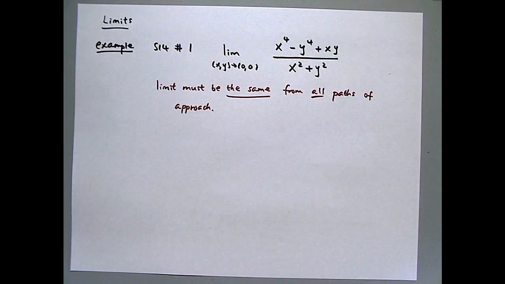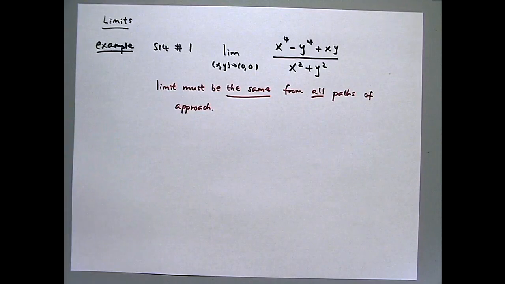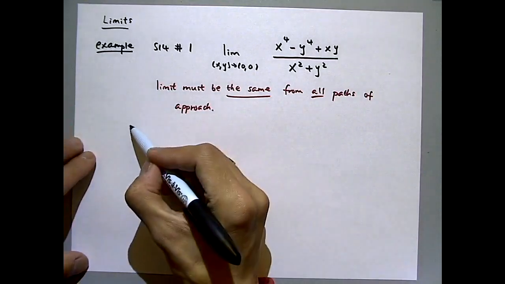So the easiest thing to do here is to find at least two different limits. Choose at least two different paths, find two different limits, then the limit doesn't exist. Okay? So do the easy things first. Approach along the x-axis, approach along the y-axis like we did in class.